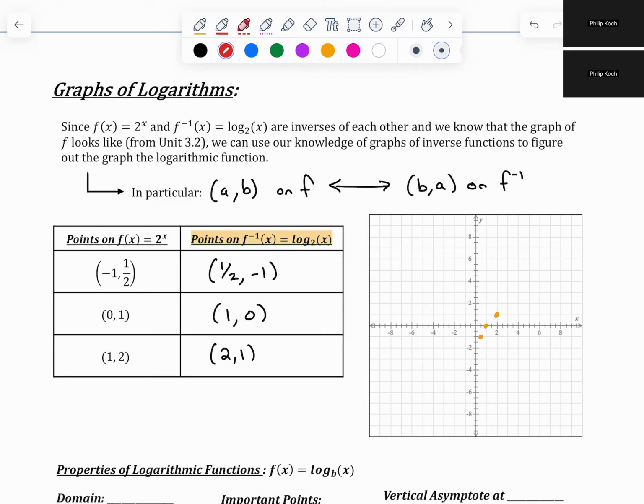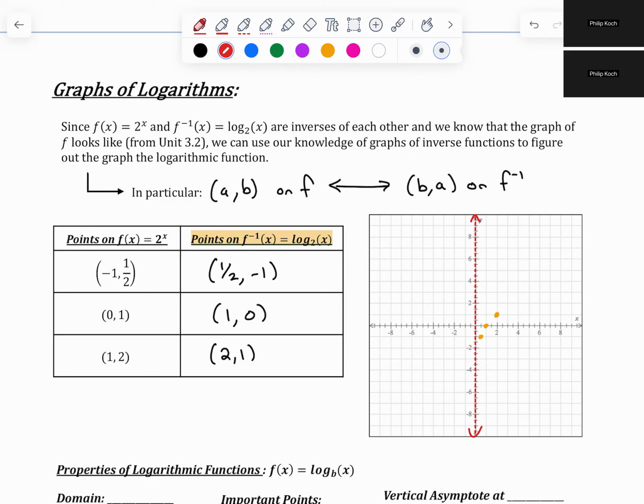And in fact, just like with the exponential function, whenever you plug in a more and more negative number, right? So if I plug in -2, I get 1/4. So I have the point (1/4, -2). If I plug in -3, I get 1/8 in the exponential function. So I have (1/8, -3), and so on and so forth.